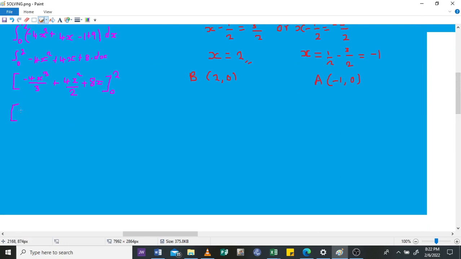If we substitute, you're going to get negative 4 times 2 cubed, over 3. Remember, when substituting, you always start by substituting the number on top, that's 2. Plus 4 in brackets, again with 2 inside.